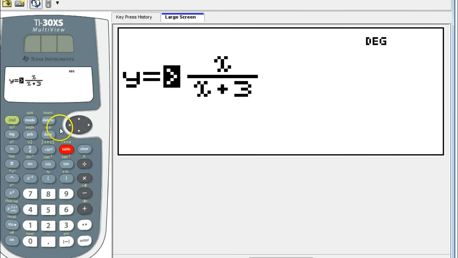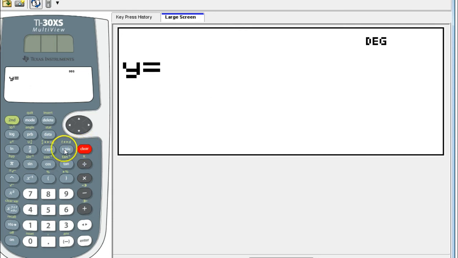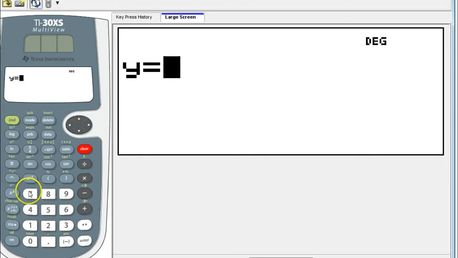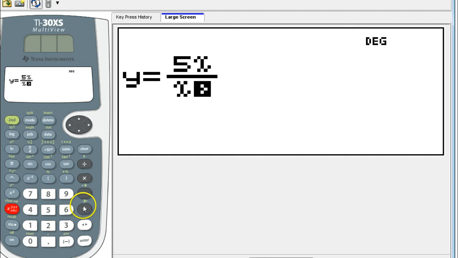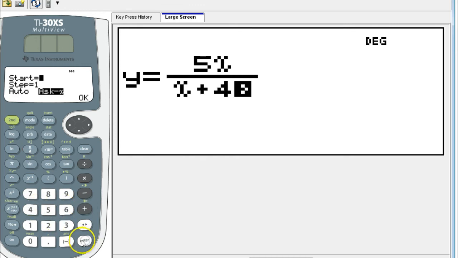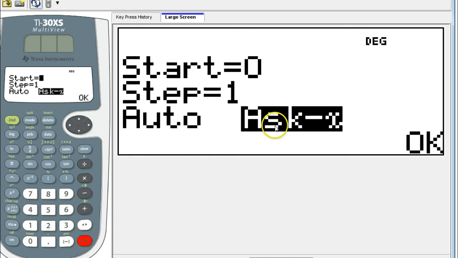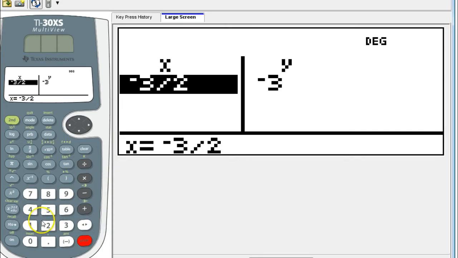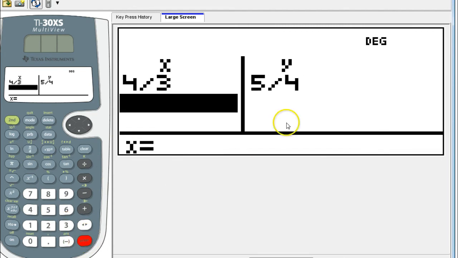I would go to my table function, and I would type in this function. So 5x over x plus 4. Alright, make sure you're in Ask X mode, and then we're evaluating at 4/3. So 4 over 3. Boom. That is 5/4.